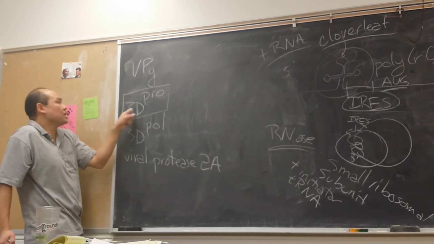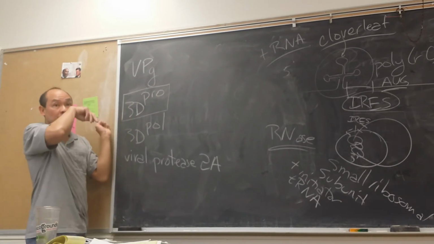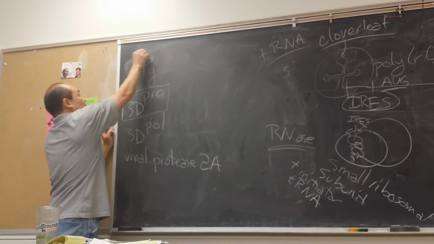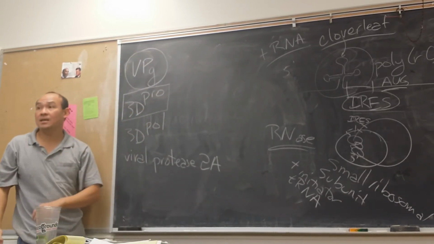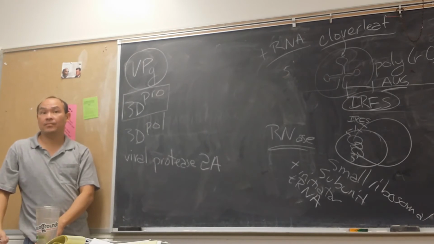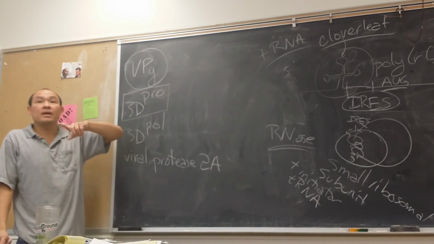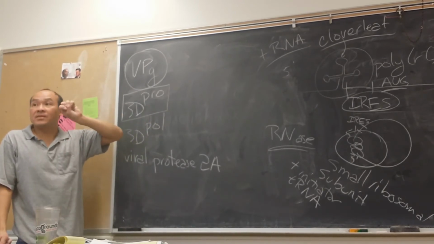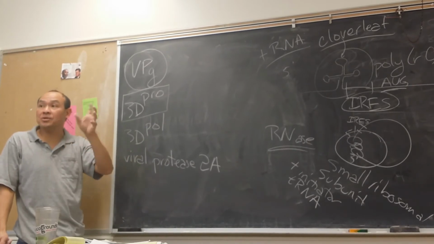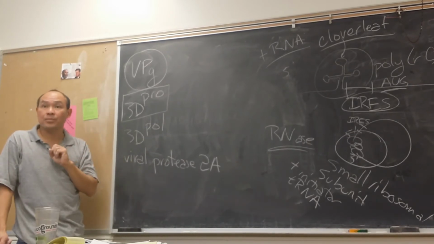In fact, 3D Pro is responsible for the synthesis of VPg. So again, 3D Pro is a protease that targets the viral proteins and makes sure that they're properly cleaved.